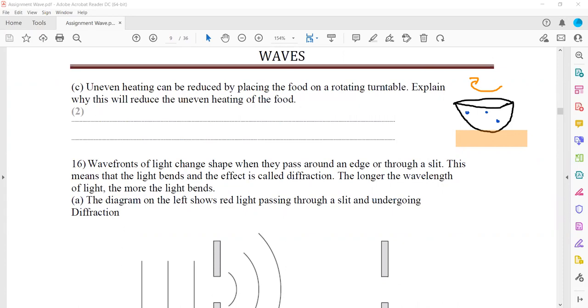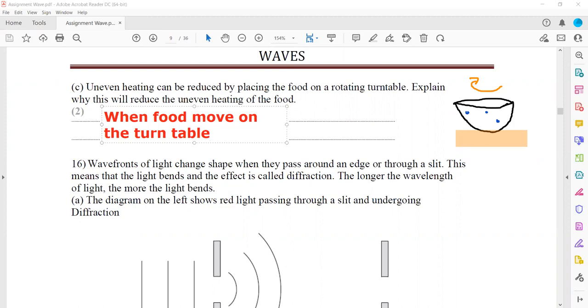So how do we write the answer for this? Basically, when the food moves on the turntable, it moves through hot and cold spots.